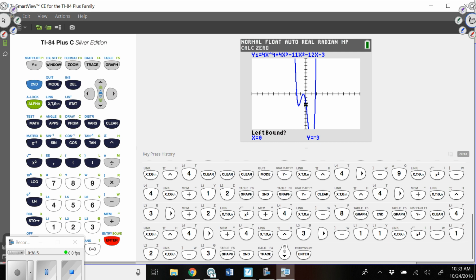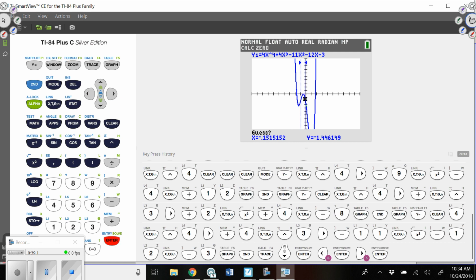No. So I truly want left and right this time. Right now, is my cursor sitting to the left of what I want? No. So let's hit our left arrow. And again, yours may have popped up in a different spot than mine. But hit the left arrow so that it's just somewhere to the left of that point. Hit enter. And then it says right bound. Have to go to the right.